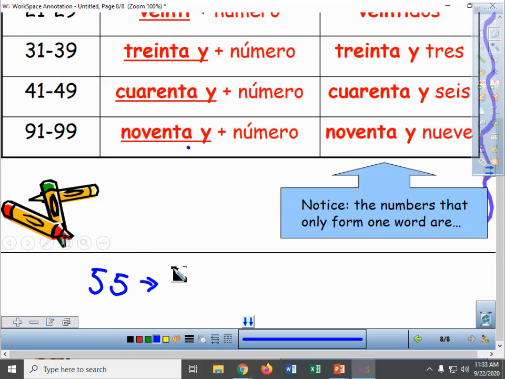So if I want to write 55, what's 50 in Spanish? I'm going to write cincuenta. And then remember y. And what's 5? Cinco. So that would be 55.